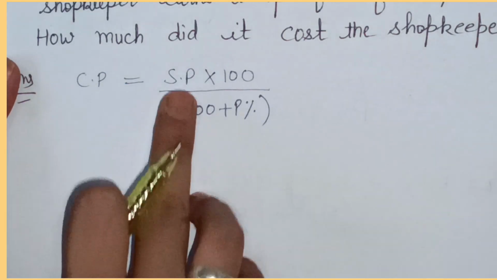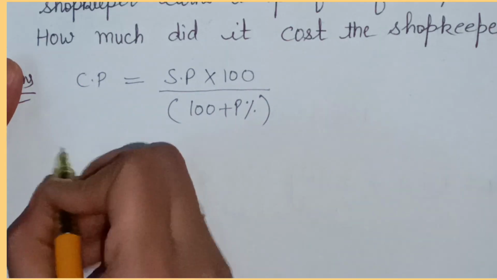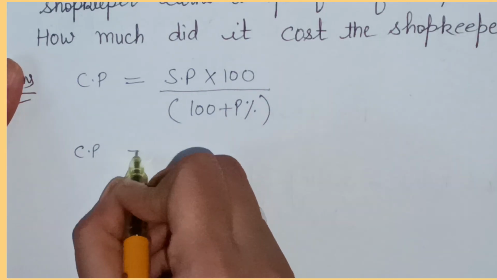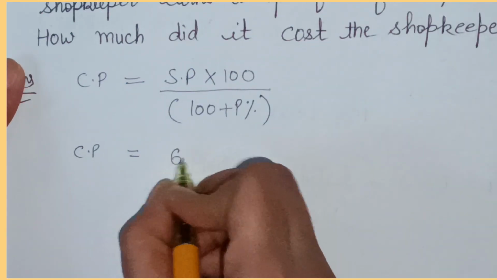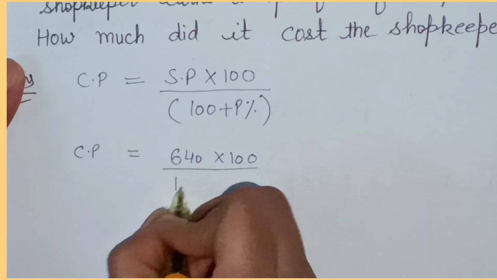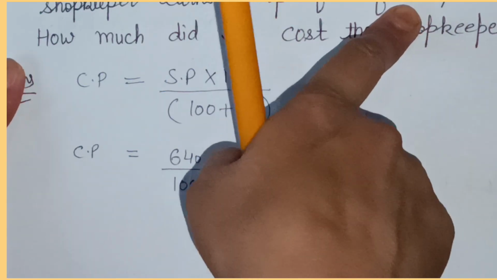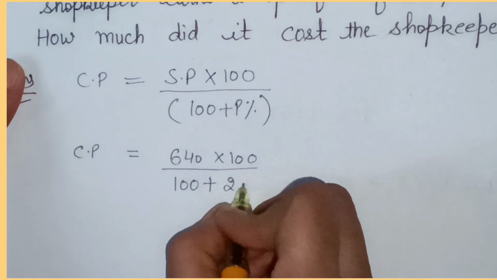Now put the value of SP and the profit percent here. CP is equal to rupees 640 multiplied by 100 upon 100 plus profit percent, and the profit percent is 28.